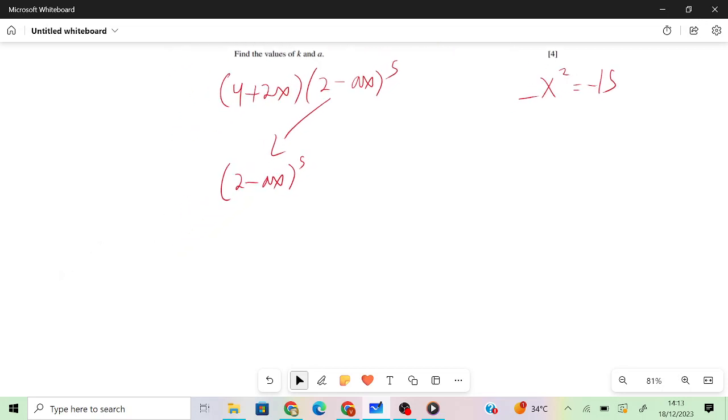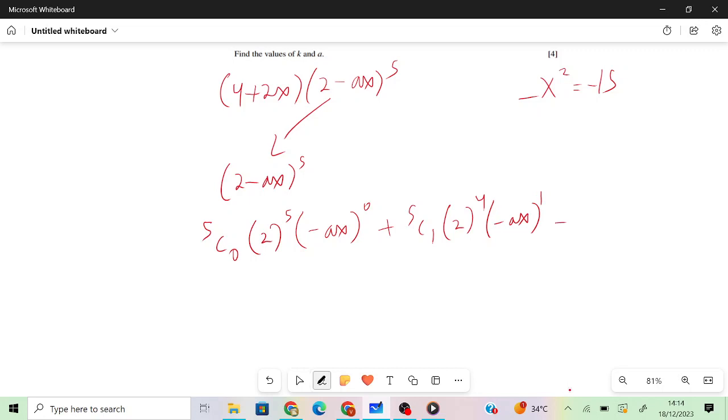So you can start this off with 5C0 into 2 to the power 5 into (−ax)^0, plus 5C1 into 2 to the power 4 into (−ax)^1, plus 5C2 into 2 to the power 3 into (−ax) all squared. 2 to the power 5 is 32.